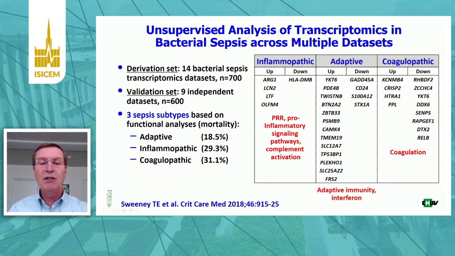And they were able to find 3 subgroups or subtypes of patients with either an inflammopathic, an adaptive, or a coagulopathic phenotype, associated, as you can see here, with different levels of mortality, coagulopathic having the highest mortality. So we go here into subtypes.